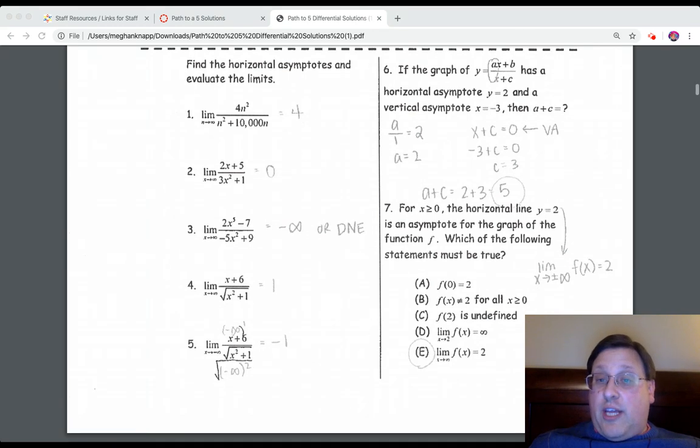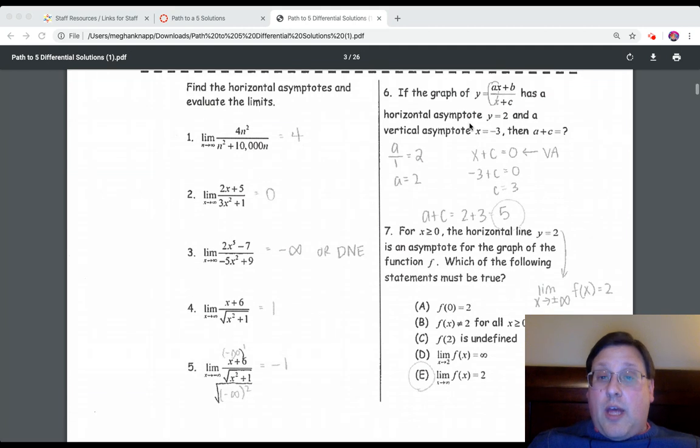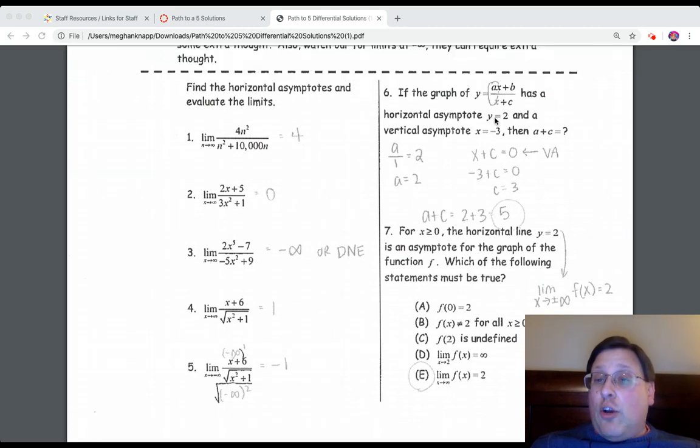Moving over to the other two questions. Here, since we know the degrees are the same, we know a over 1, the lead coefficients, is our limit as we go to infinity, or the horizontal asymptote. That's how they know immediately a is 2. Vertical asymptotes come when the function is undefined.